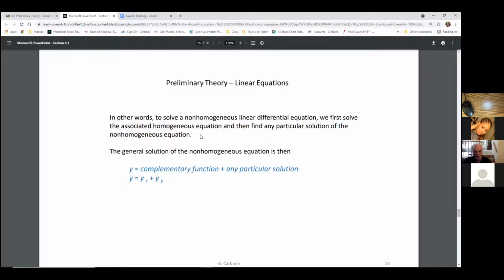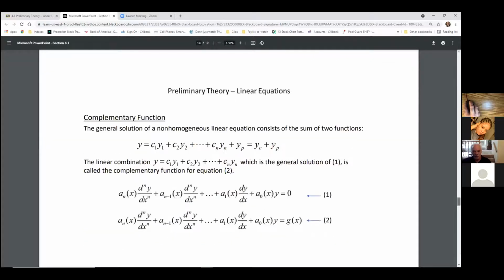We always have to solve the complementary first, because there are certain things we have to do to make sure that our particular solution is linearly independent from the complementary solution. Remember, when we have a solution to the differential equation, all these y1 have to be linearly independent from one another, and the yp also has to be linearly independent.